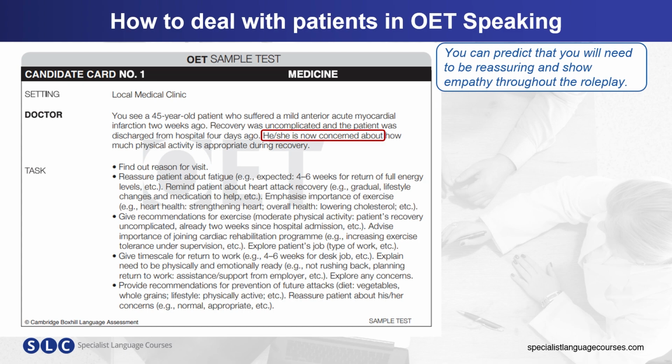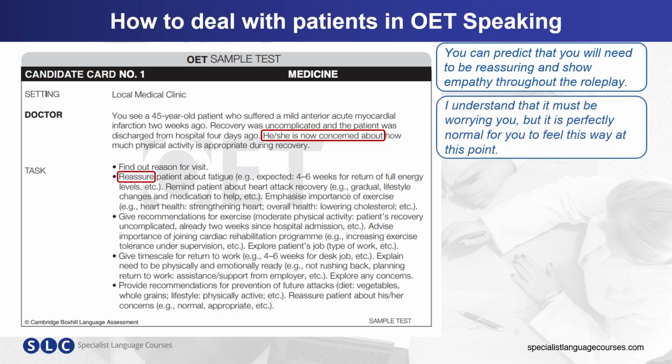Can you think of some language to explore their concerns? So the second task asks you to reassure the patient. So you could say, "I understand that must be worrying you. It's perfectly normal for you to feel this way at this point."